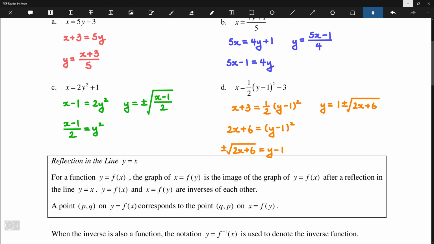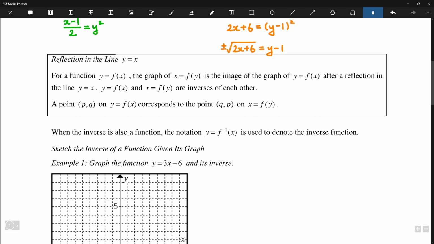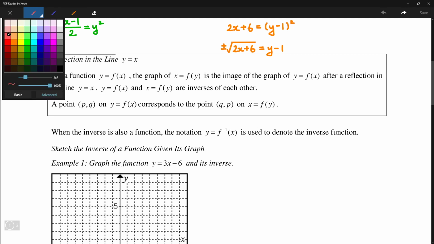Okay. So when the inverse is also a function, which is not always the case, the notation y equals f to the negative 1 of x, as it says right here, is used to denote the inverse function. So it is important to note a couple of things here.